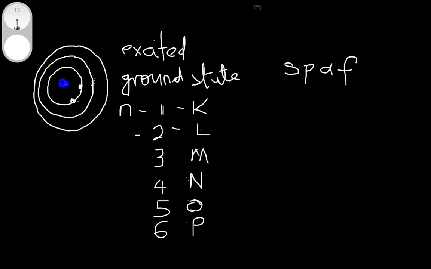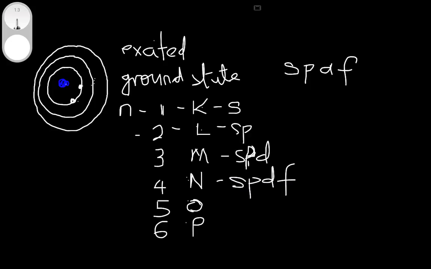The K shell has S, while our L shell has S and P, and then M has S, P, and D, and N has S, P, D up to F.